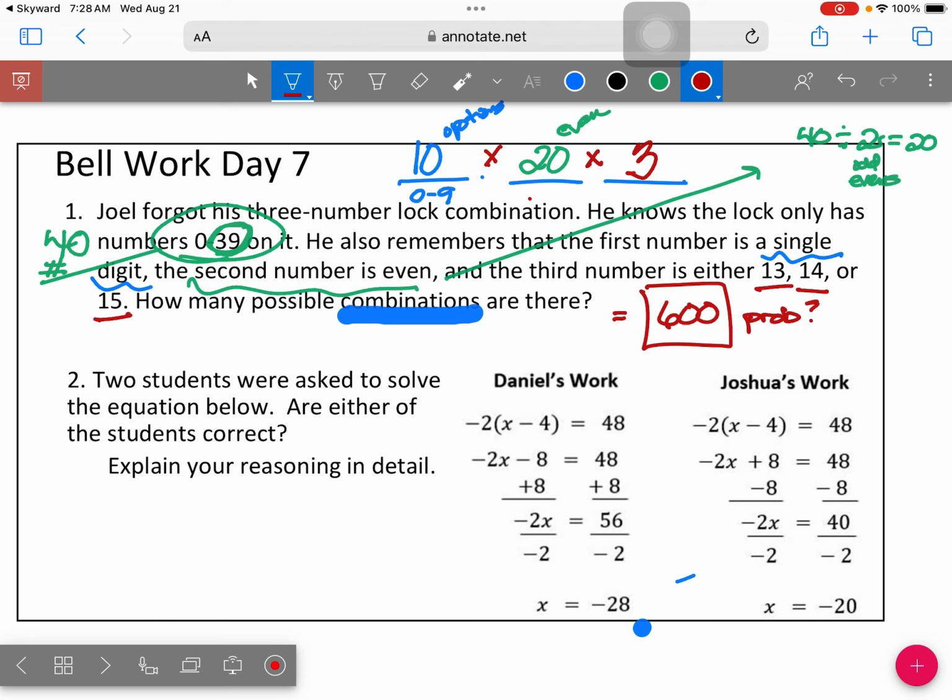Top times top, bottom times bottom, 1 times 3 is 3, 2 times 6 is 12. We could simplify this. We could divide by 3 over 3 and reduce it to 1 out of 4. But I think for right now, I will just take 3 out of 12. Any question about that?